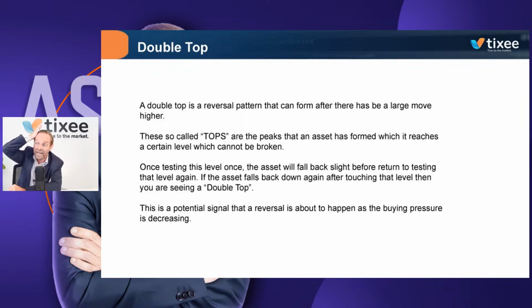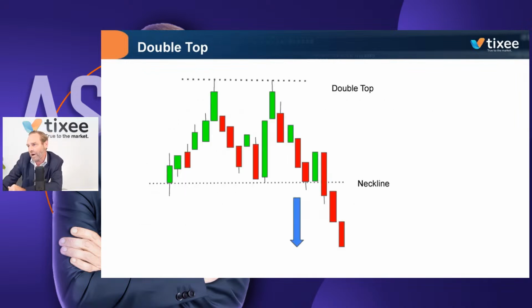So let's have a look at what it looks like. It's a little visual aid. So here we go. This is an example of a double top. As you can see, the market's on the move higher, hits a certain level, can't break it, and starts to reverse back down.